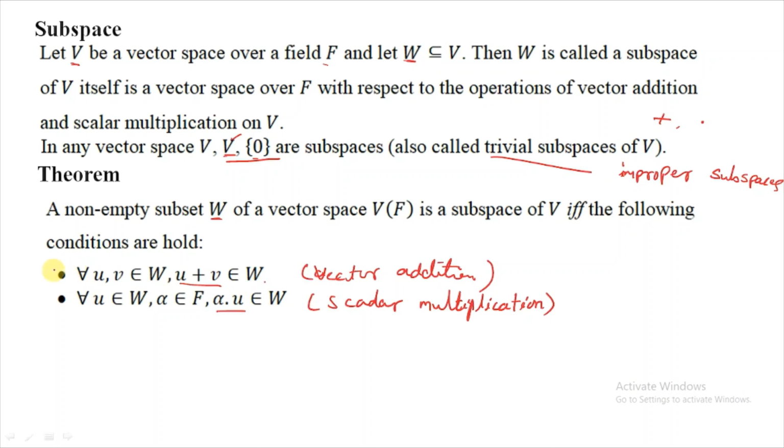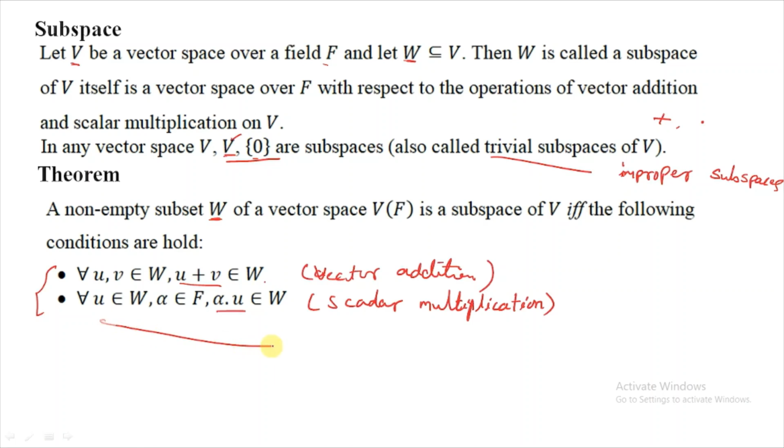We start with these two conditions. If a subset satisfies these two conditions, it satisfies all 9 conditions: the closure property for vector addition, the associative property, the identity, the 0 vector is there, the negative vector is also there, and the commutative property is satisfied. So all these properties follow from these two.